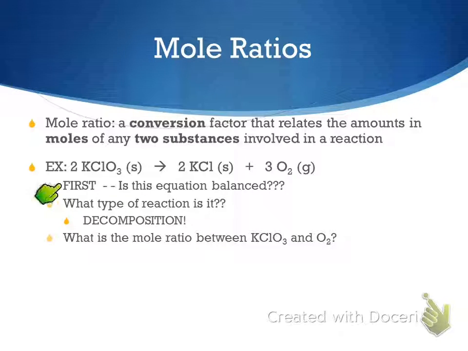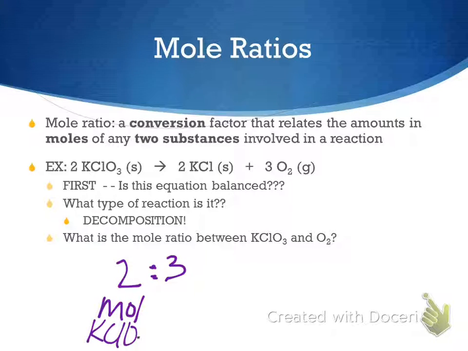So this tells us that 2 moles of potassium chlorate can decompose into 2 moles of potassium chloride and 3 moles of oxygen. Okay? So when we talk about the mole ratio here between these two things, our mole ratio would be 2 to 3. Right? 2 moles of KClO3 to 3 moles of O2. Okay, does that make sense where we're looking at that? We're just looking at the coefficients right in front here.